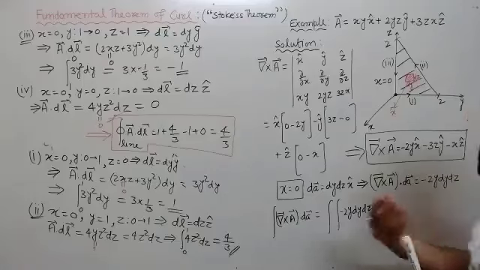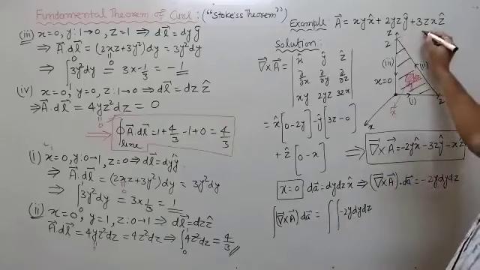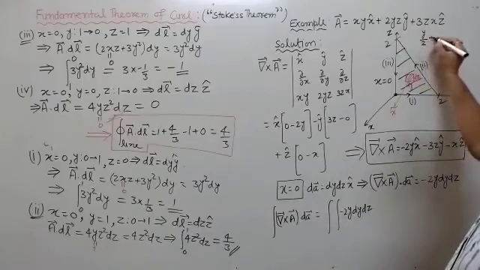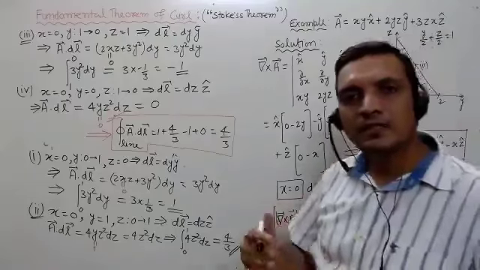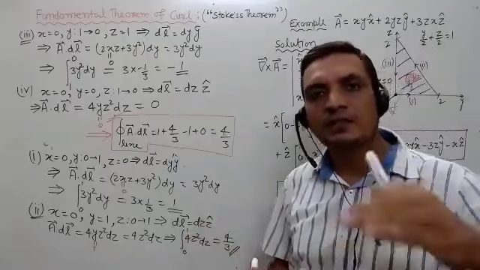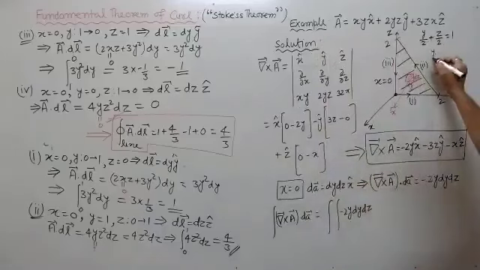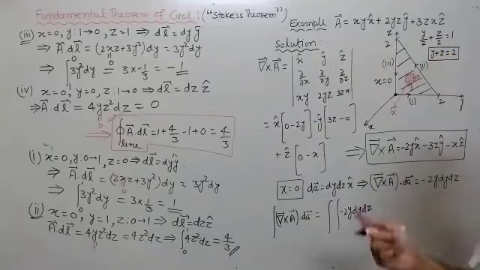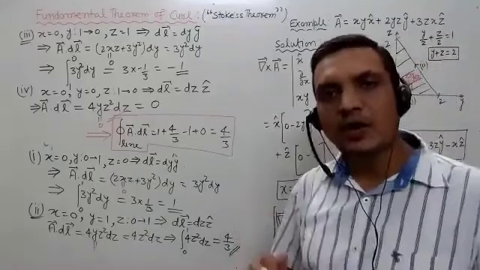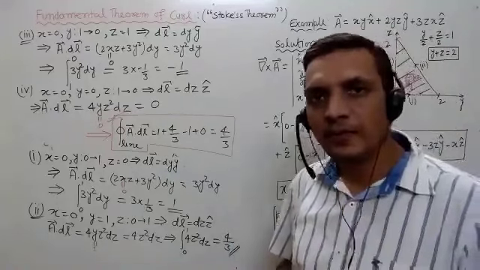What will be the relation between y and z? You know the equation of this straight line? y by 2 plus z by 2 is equal to 1. If you know the intercepts on the axes, you know the equation of the straight line, x by a plus y by b is equal to 1. So this will give you y plus z is equal to 2. In this case, y and z are dependent. So accordingly, you have to convert either y into z or z into y.